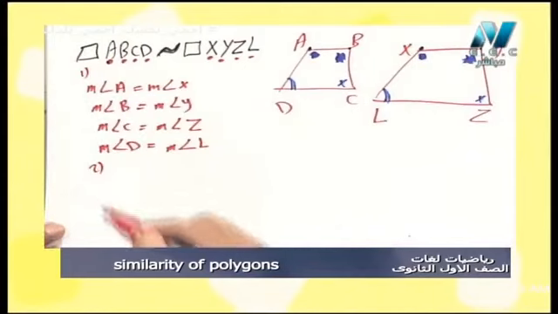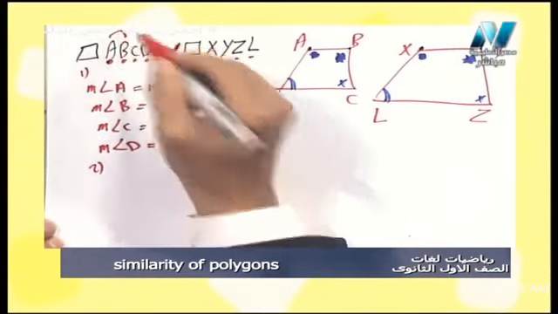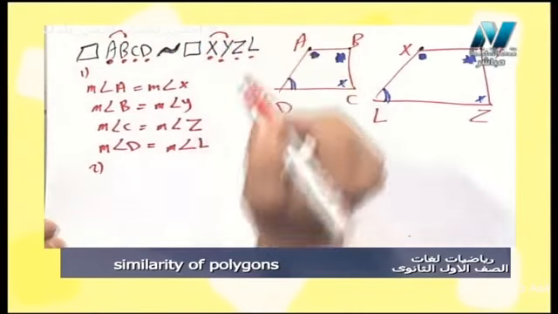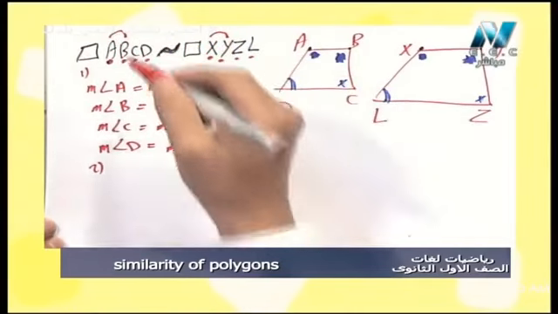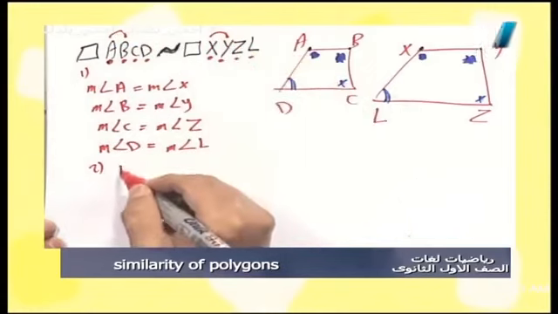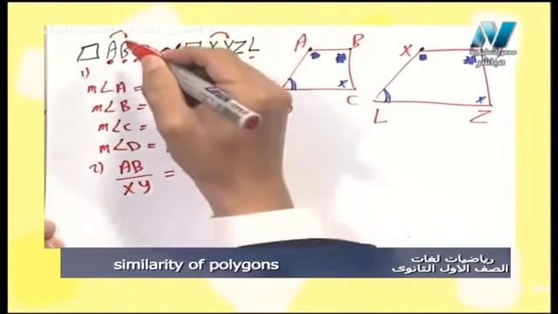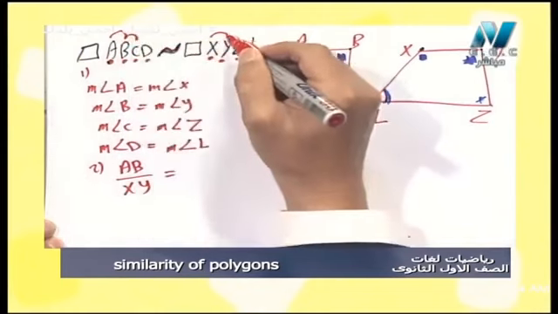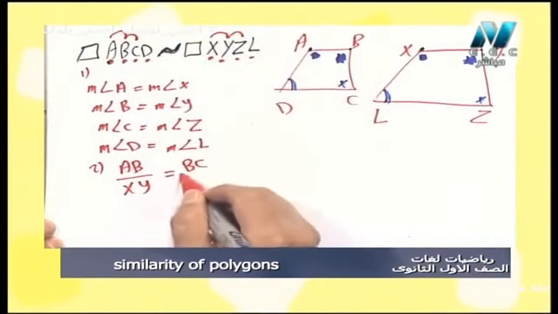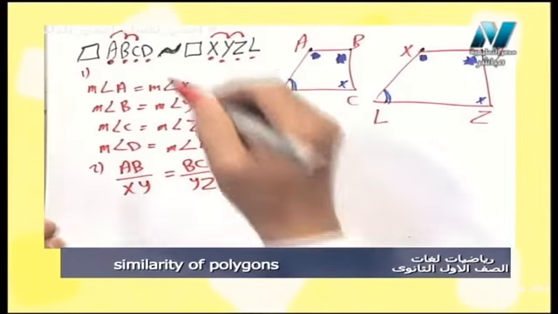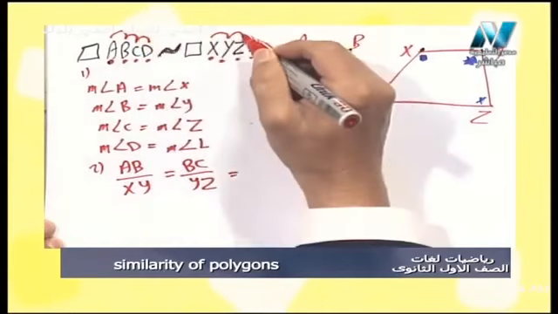Second condition, we will look at the sides. AB over XY, concentrate with me to be easy for you. AB over XY equals BC over YZ equals CD over ZL.